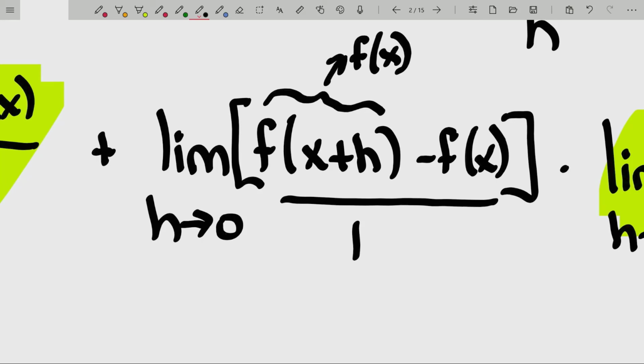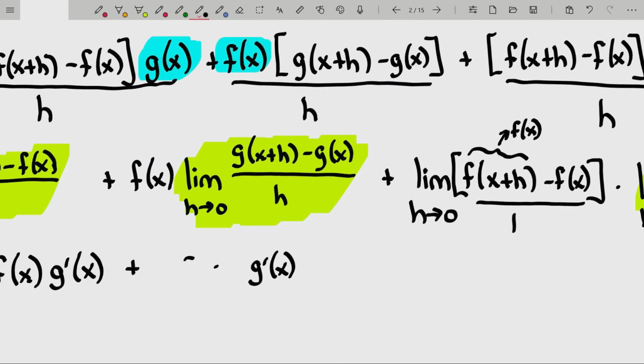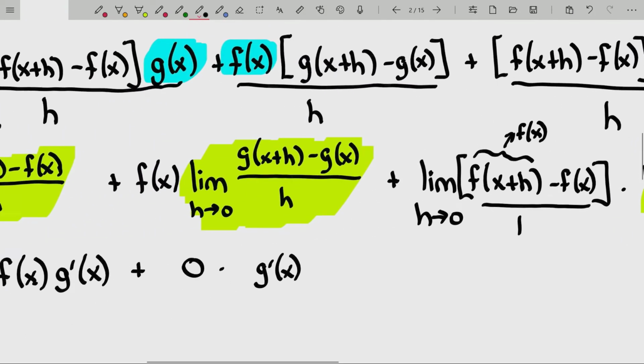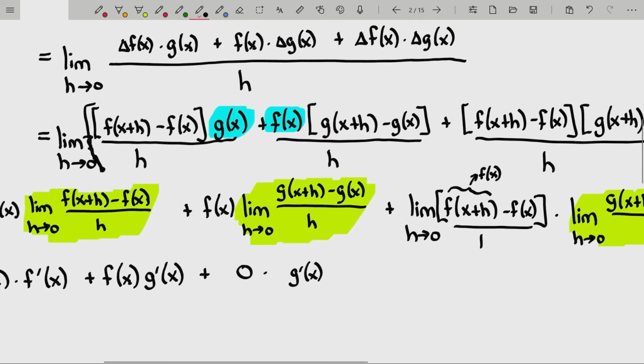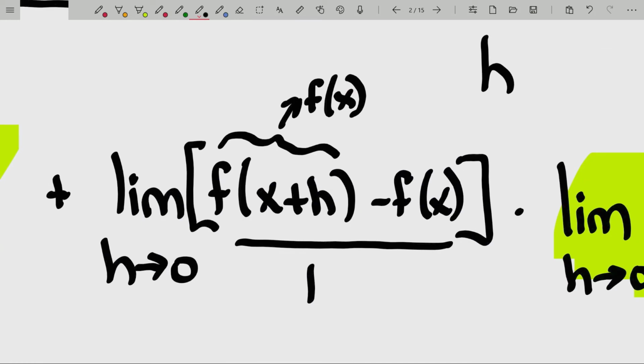And thus, you will get f of x minus f of x, which is identically 0, and you will have 0 times g prime on the end. Again, I want to say that again because that's critically important. Because we're told these derivatives exist, f and g are differentiable, they must be continuous. Differentiability implies continuity. It doesn't work the other way, by the way. Continuity does not imply differentiability.